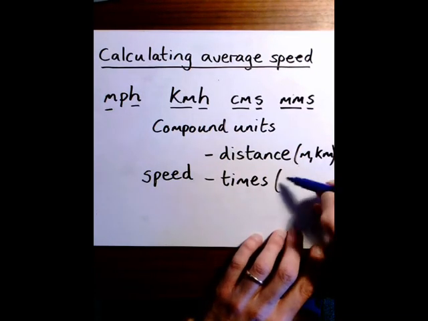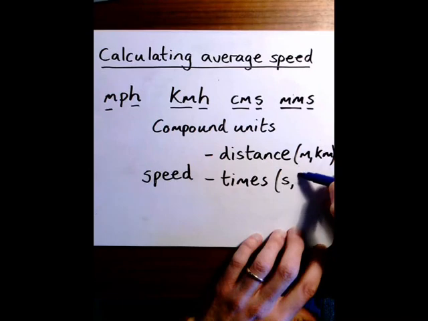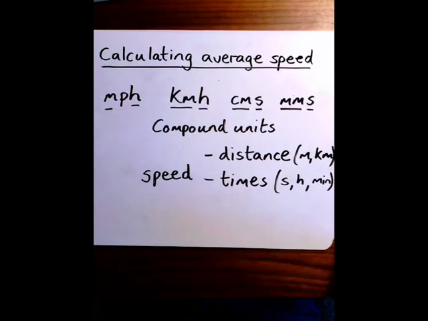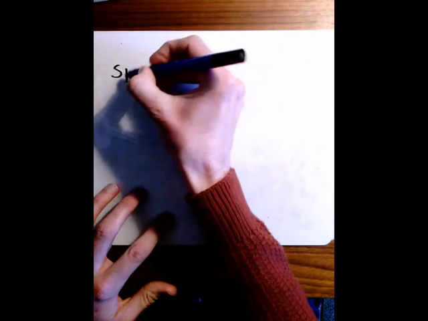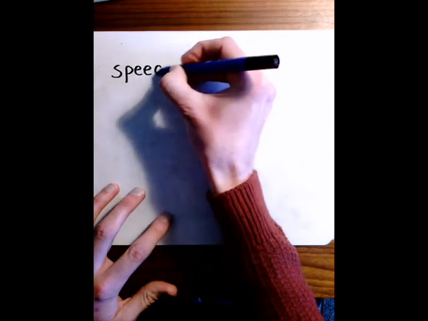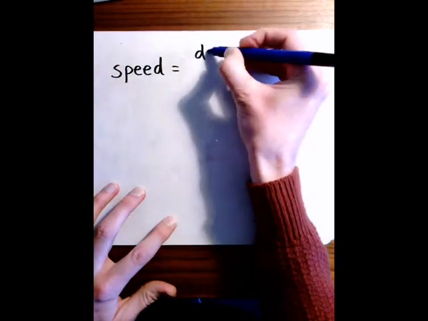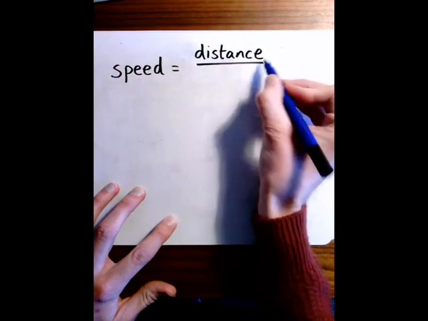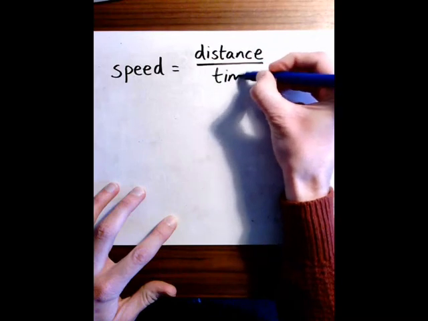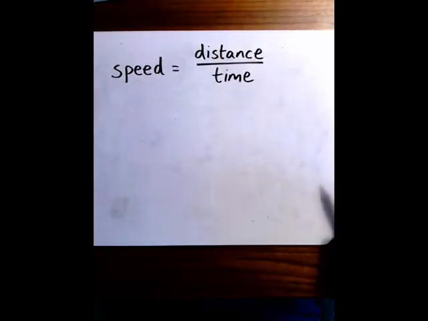Importantly, the main thing to remember is that when we calculate average speeds, we're relying on this relationship: speed can be calculated by taking the distance that you're travelling and dividing it by the time that you've taken to complete that distance.